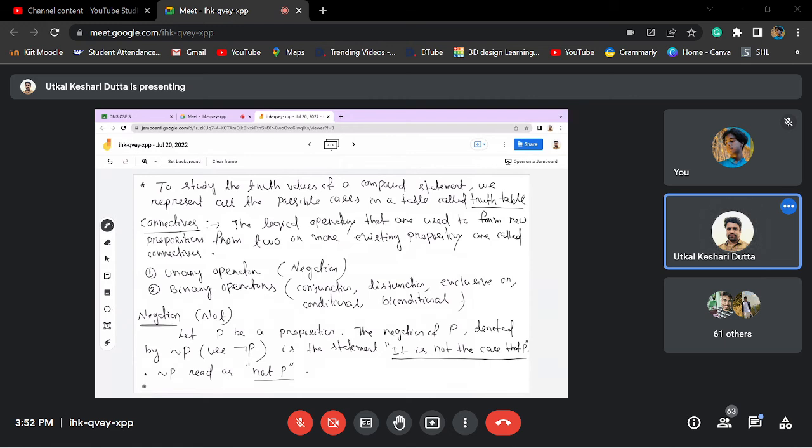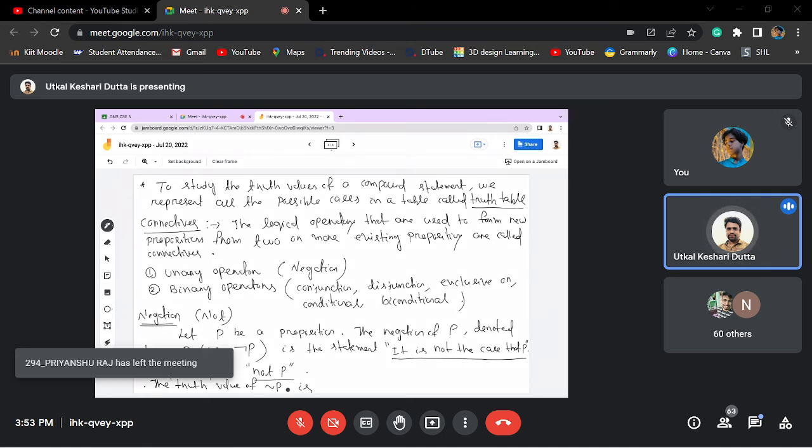And the truth value of not P. Tell me, what will be the truth value of the negation of P? That is important. Anyone? Not P. It is just the opposite of P. That means if P is true, the negation of P will be false.